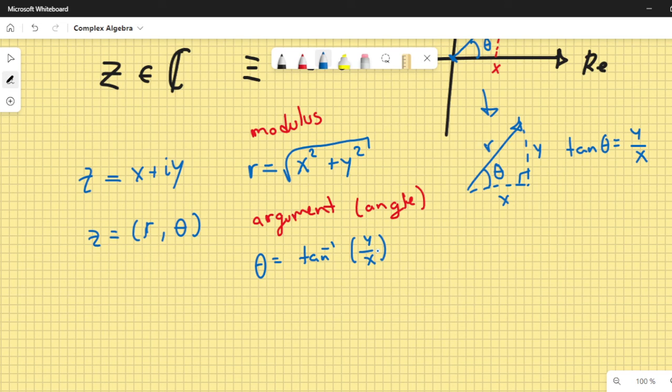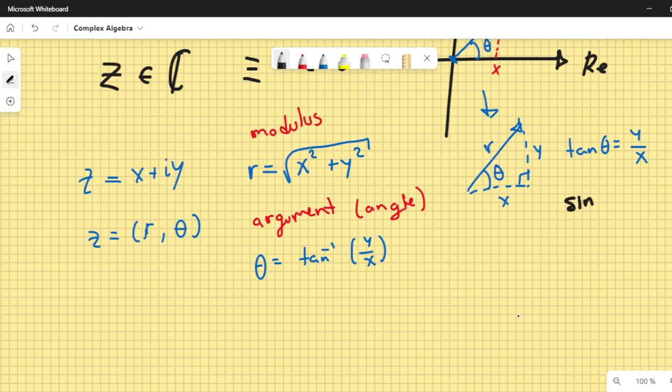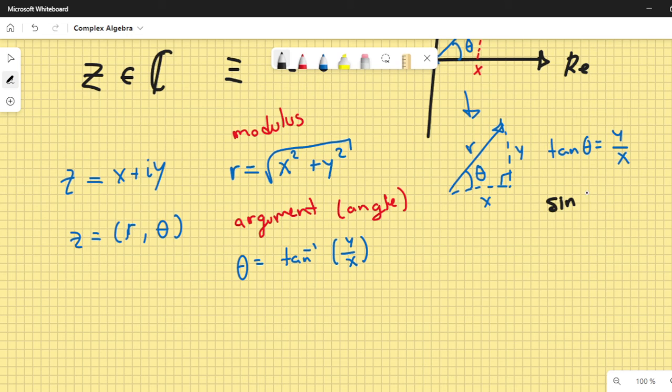As well from trigonometry, you know that, for example, the sine of theta is equal to y over r, right?